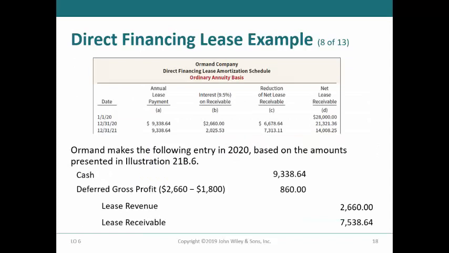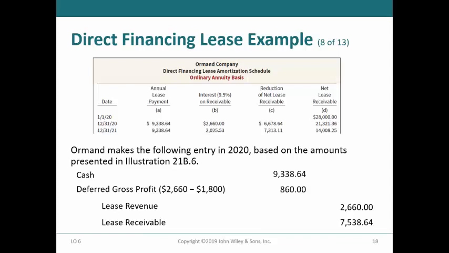To record the receipt of the annual lease payments, Ormond would debit cash for $9,338.64, deferred gross profit for $860, which is the difference between the interest at 9.5% on the $28,000 net lease receivable, $2,660, and interest at the regular rate of 6% on the entire $30,000 lease receivable, which is $1,800.